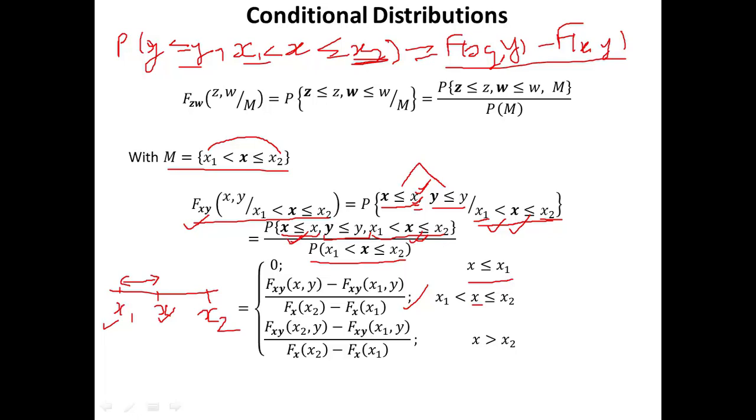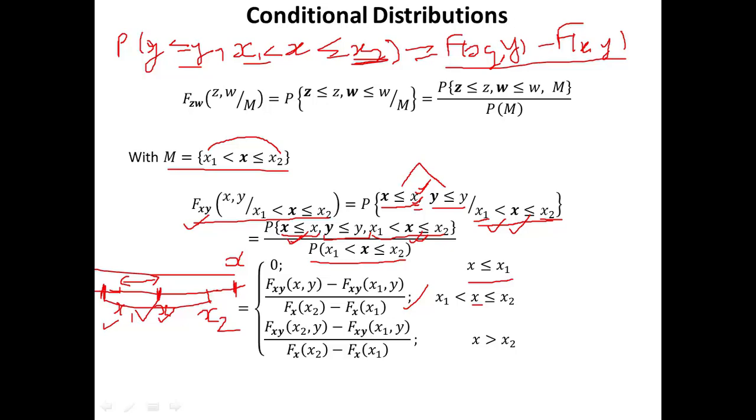Now consider the third case when x falls outside of this region such that x is greater than x2. Till now we have discussed x less than x1, meaning x falls somewhere here. The second case is when x is in between x1 and x2, and the third case is x greater than x2. In that case, if x is greater than x2, meaning x lies here, then the intersection of this interval with this whole interval is the same x1 to x2.